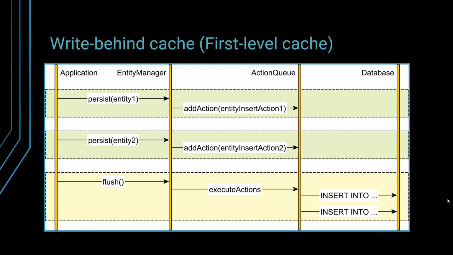If you do that multiple times, inside that entity manager, internally in Hibernate, there will be an action queue that's going to queue those actions, and only when flush comes, those actions will be executed, and then you'll see the statements. It's like the entity manager is a write-behind cache. That's exactly how it works.